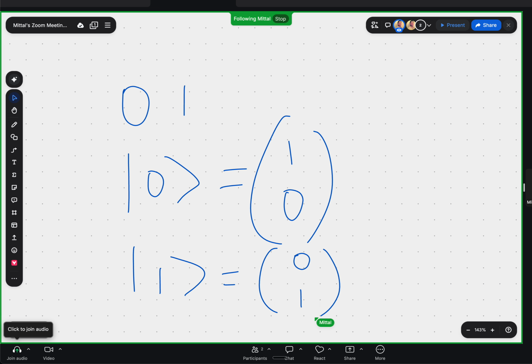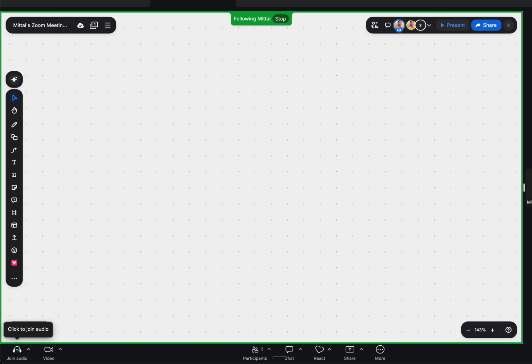Now, these are the two standard vectors that we will be using for 0 and 1. Now you might wonder, what is this funny looking angle bracket notation? So this comes from quantum mechanics, and it's called the bracket notation. So let's talk about the bracket notation a little bit.